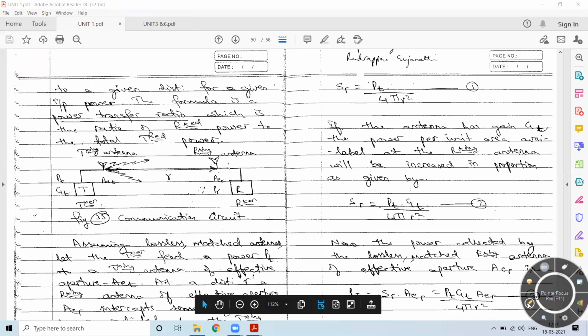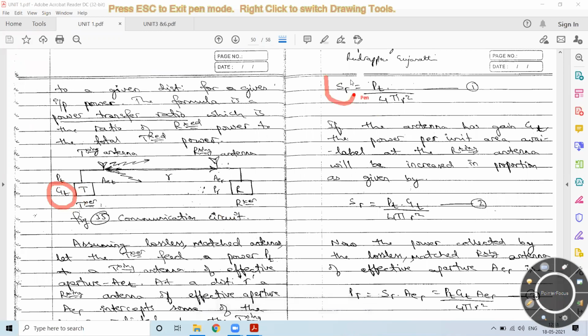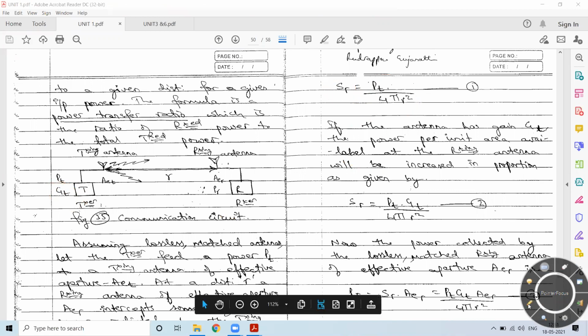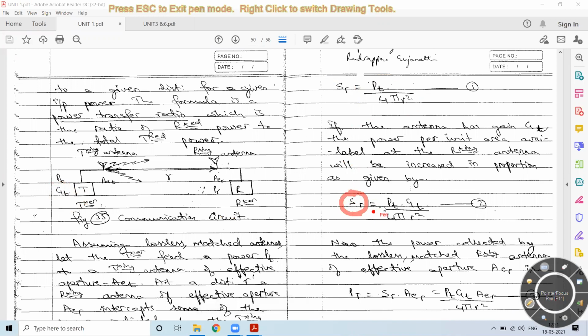So this factor needs to be multiplied with the pointing vector in order to identify the actual value of SR. Therefore, the power density at a distance r, denoted as SR, will be equal to Pt divided by 4 pi r square, into the gain of the transmitting antenna.